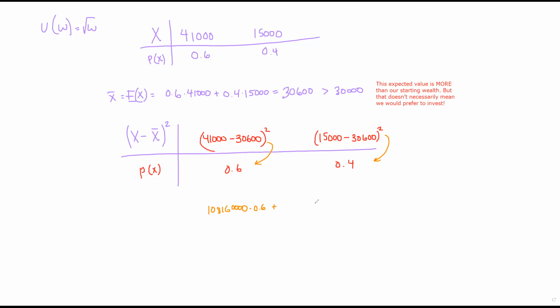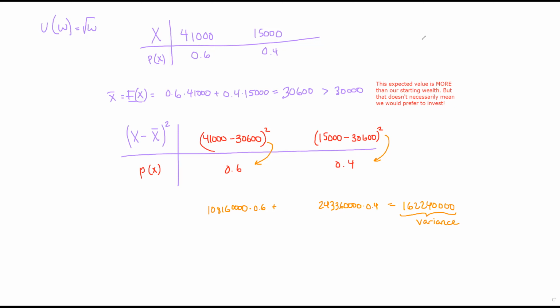We'll square that to get 243,360,000, and this is being multiplied by 0.4. Adding this all together, I get 16,224,000. Now be careful, this is the variance.